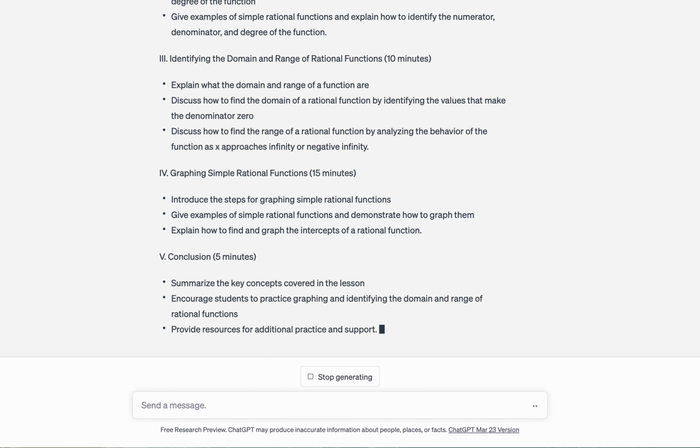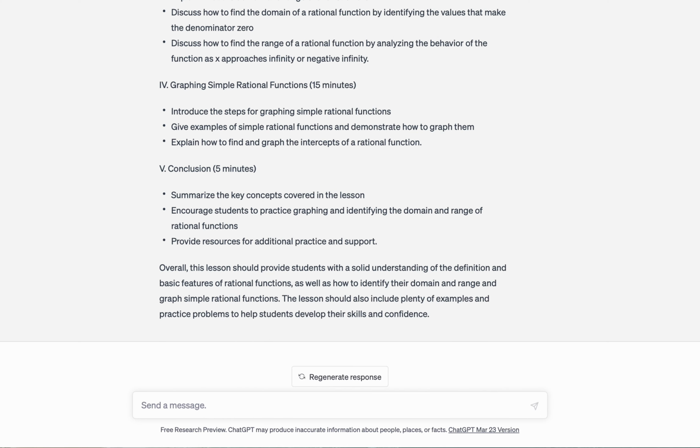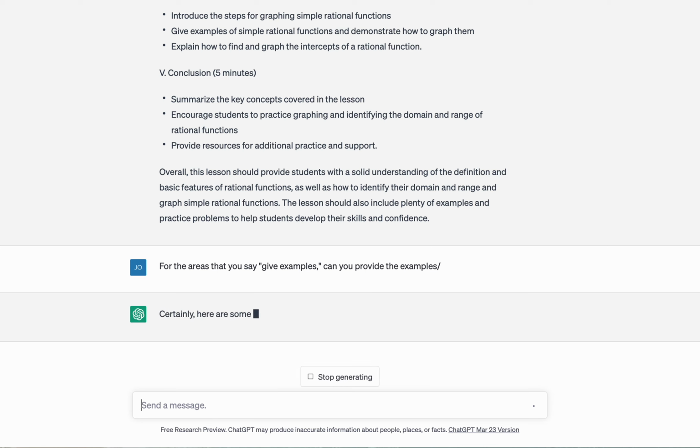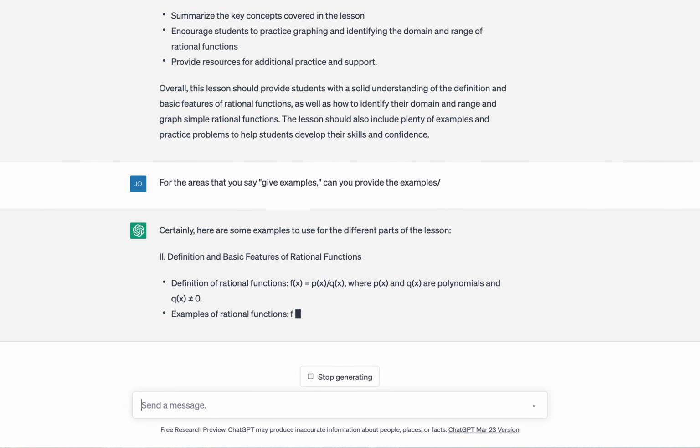Okay, let's work on this lesson a little bit with ChatGPT. For the areas that you say give examples, can you provide the examples? There should be a question mark there. Oh, okay, here we go. Part 2's examples.